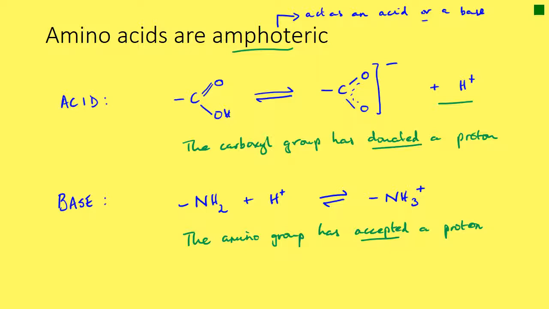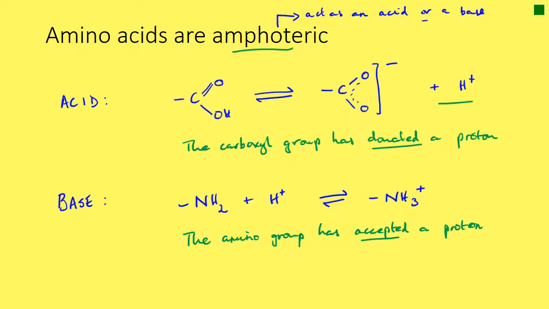So the functional group becomes an NH3+, and so you can now say the amino group has accepted a proton. It's accepted a proton, and so by definition, the Bronsted-Lowry definition of a base, that makes it a base. And so you can see that the one amino acid can act either as an acid or as a base, and the word to describe that property is amphoteric.